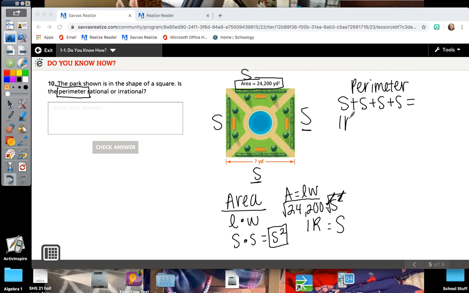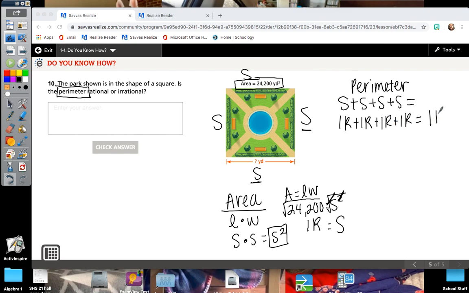So if we take an irrational plus an irrational plus an irrational plus an irrational, it's the same exact concept as when we were doing the sum of rational plus rational. If you take a pencil plus a pencil, what do you get? Well, you get a pencil. So if you take irrational plus irrational plus irrational plus irrational, doesn't matter how many times you add it, if you take the same thing and add it up, what do you get?